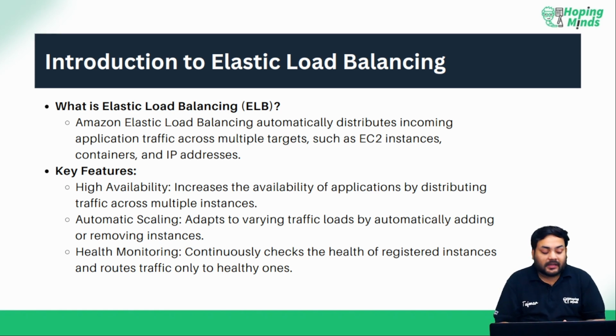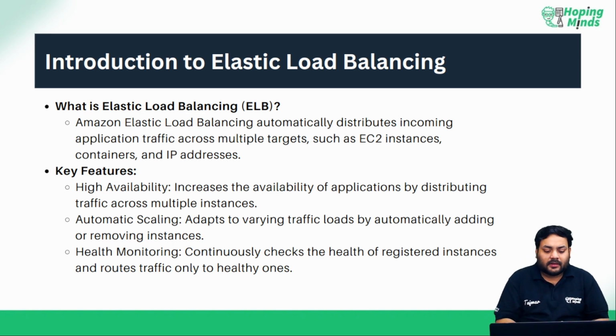So what are the key features? The first is high availability, because the traffic is being distributed. At the very start of our training, I already told you about elastic load balancing, but here we are studying it in a detailed manner.